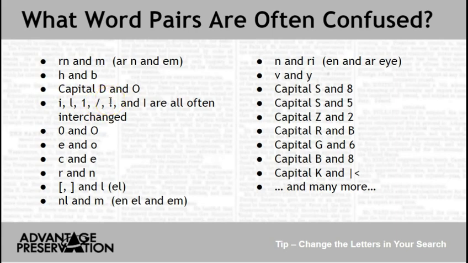Those are all often interchanged. We gave a demonstration of a 0 and an O. An E and an O. Remember we did the Nebraska search and Nebraska search? C and an E. They are very similar. R and an N. All an R needs is a little wing spot right below the little tail of the R, and you've got an N.